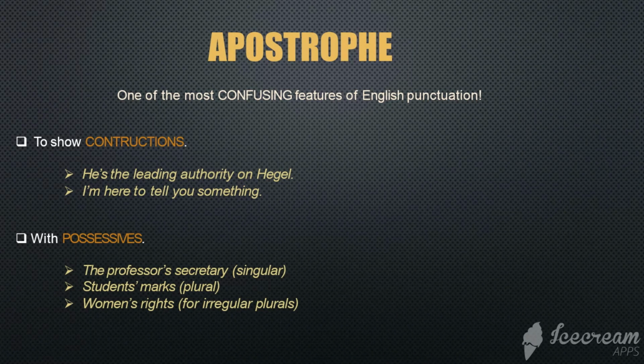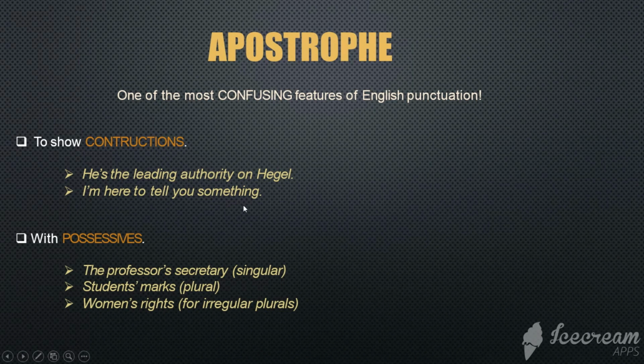So here the contraction is he's. Over the letter e, there is an apostrophe, meaning that in between there is a letter that's missing.